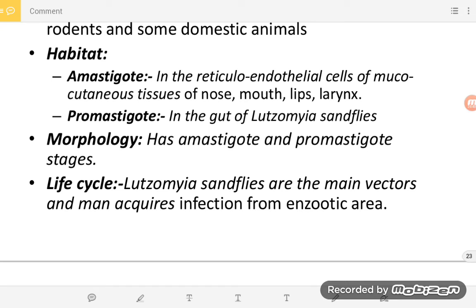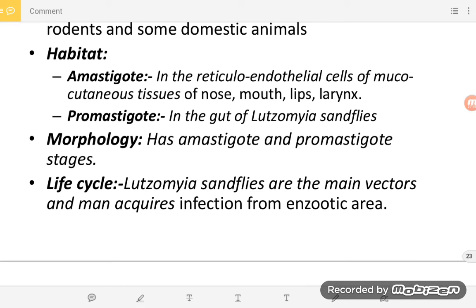So in the case of Leishmania braziliensis, they favor living in the mucocutaneous area.